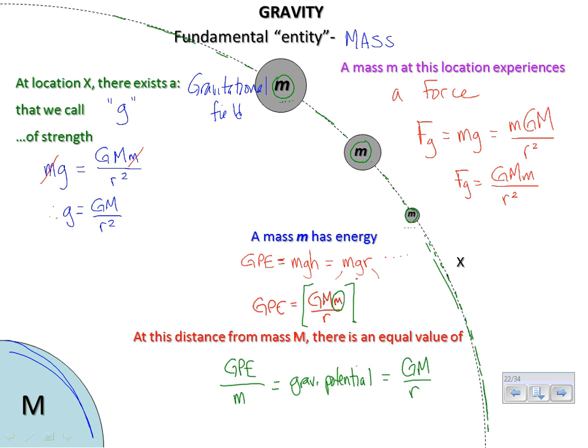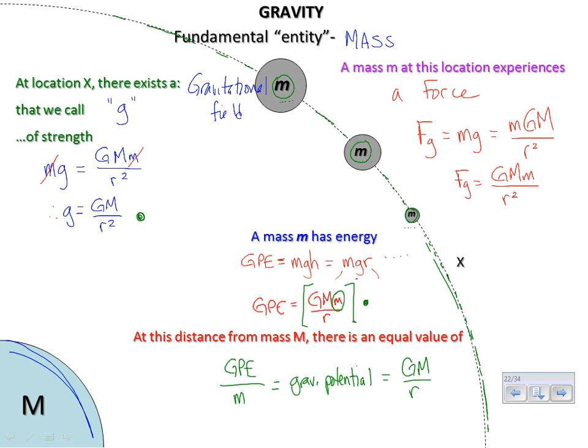Notice it looks kind of like all of them, right? It looks kind of like gravitational field strength, except R isn't squared. It looks kind of like gravitational potential energy, except there's only one mass. So that's what makes these things tricky. The equations all start to look like each other.